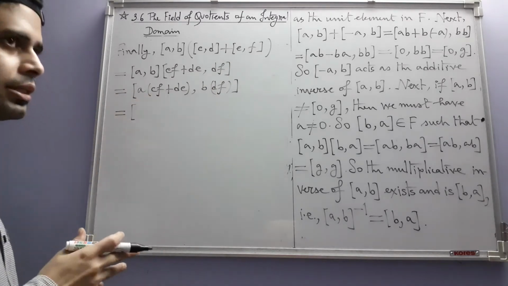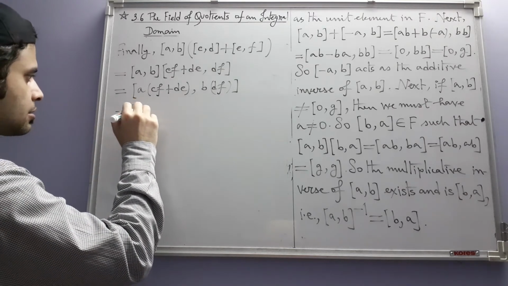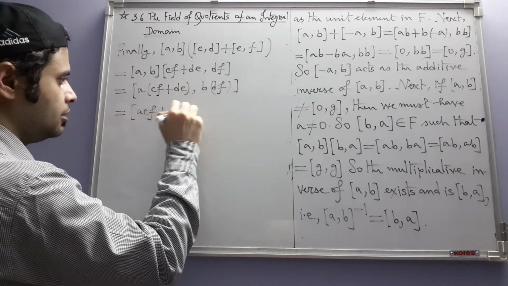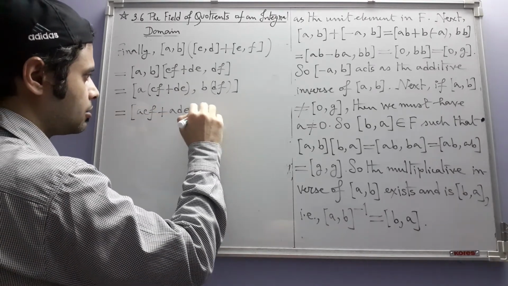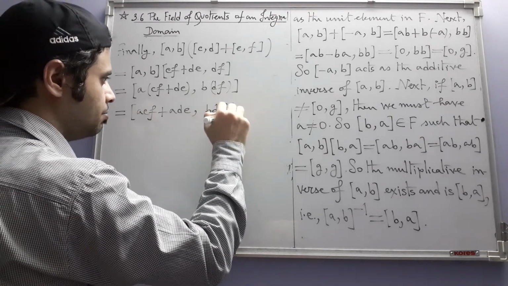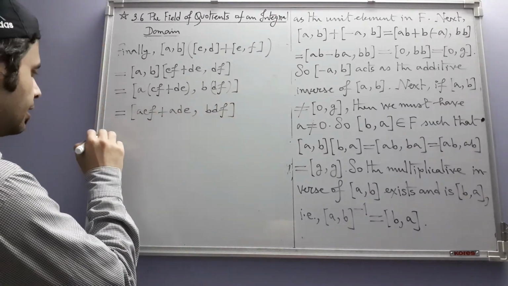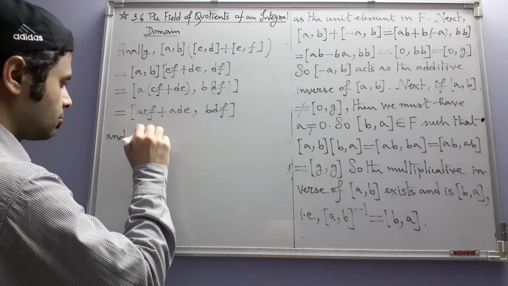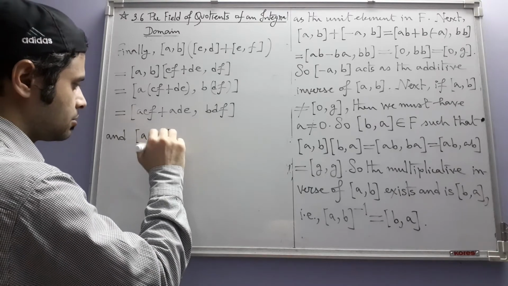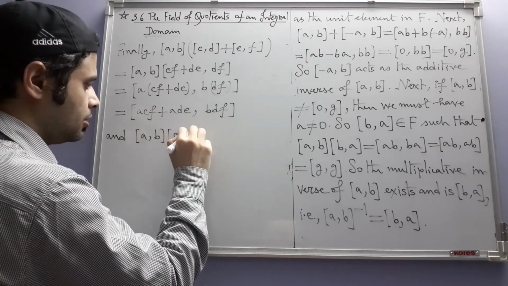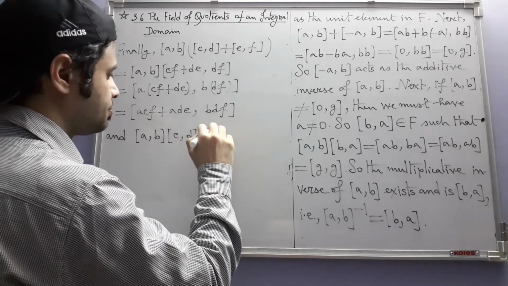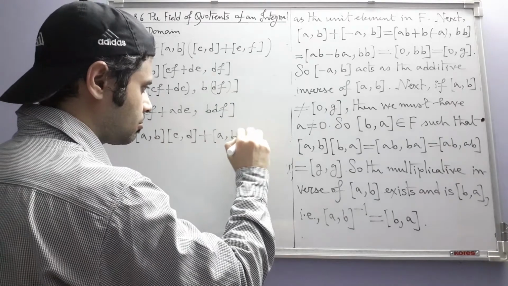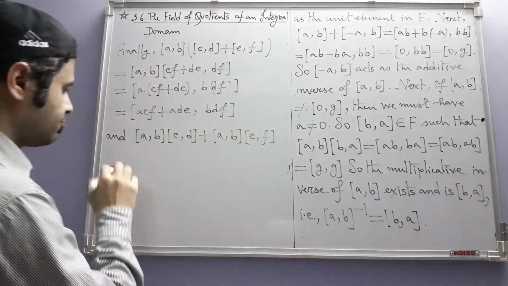Using the distributive law in the integral domain, I can write this as acf plus ade, and this one I can simply write as bdf. And let me also calculate the other thing, (a, b) times (c, d) plus (a, b) times (e, f).